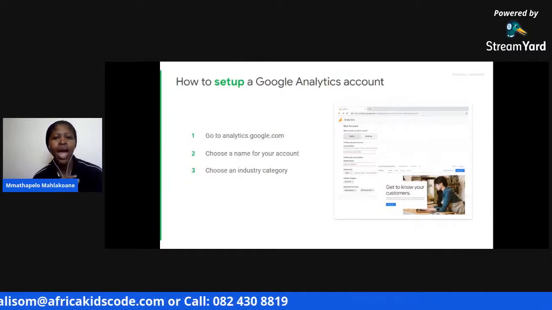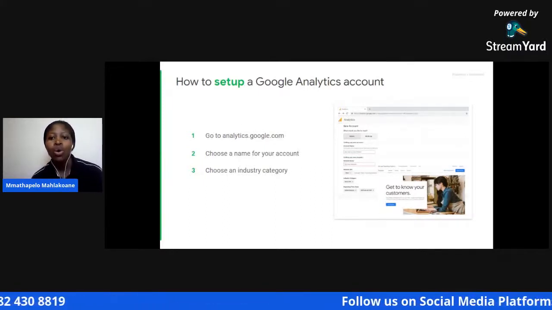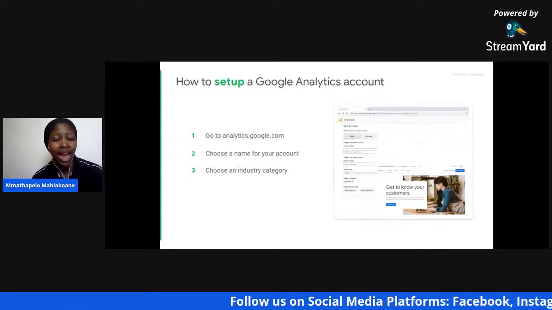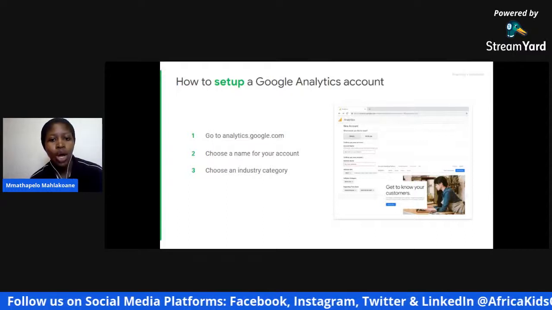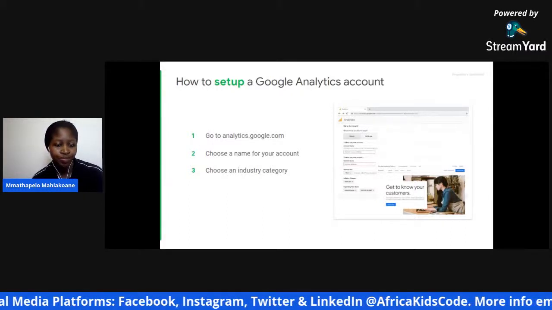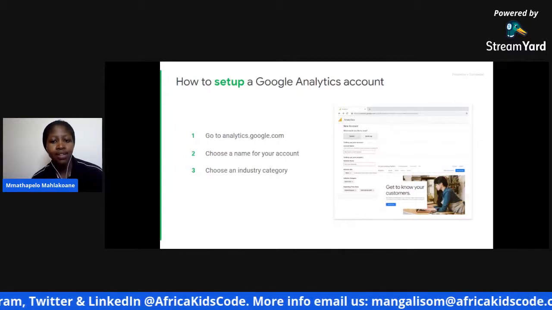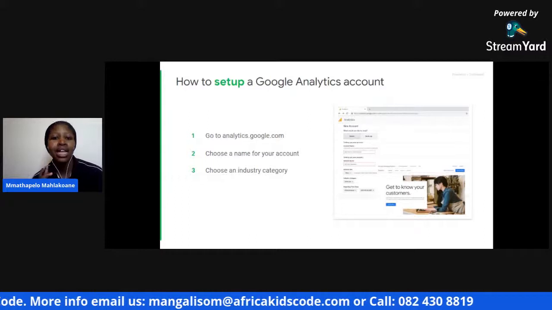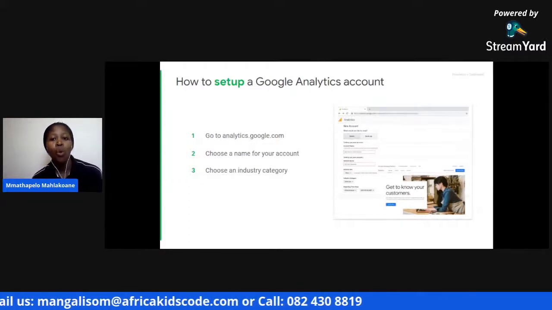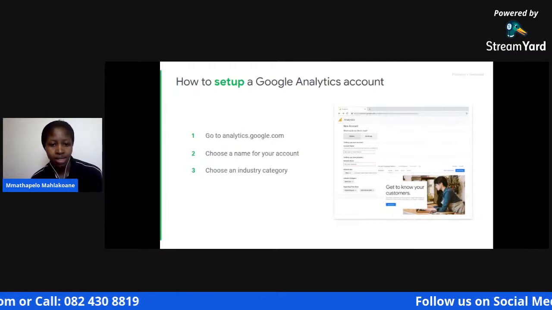Choose an industry category to help you benchmark against others who have tagged the same industry, for example consumer electronics or marketing. This is anonymous but at an aggregate level, to give you an idea of what your bounce rate is against others.